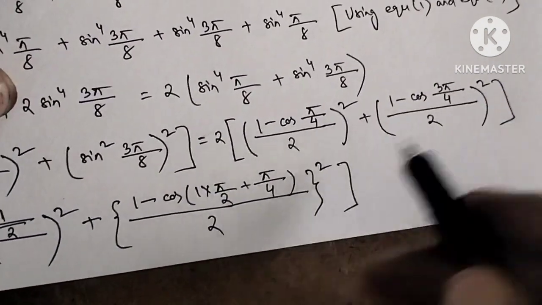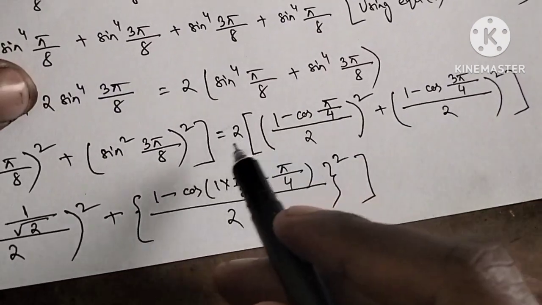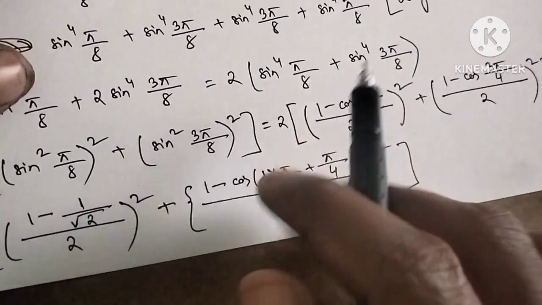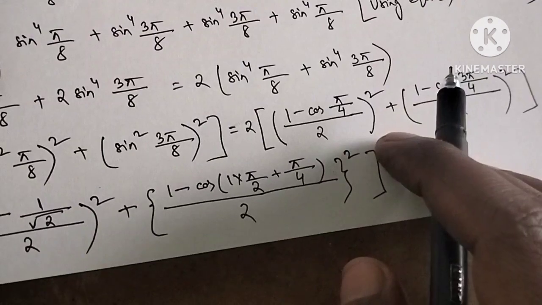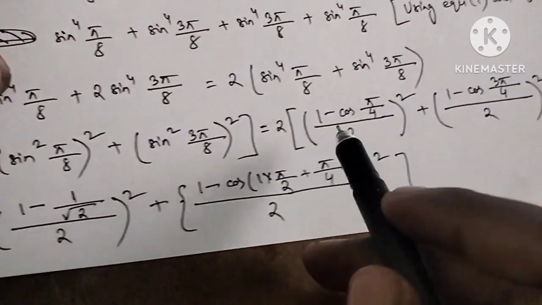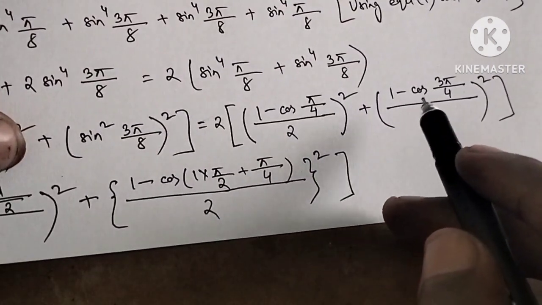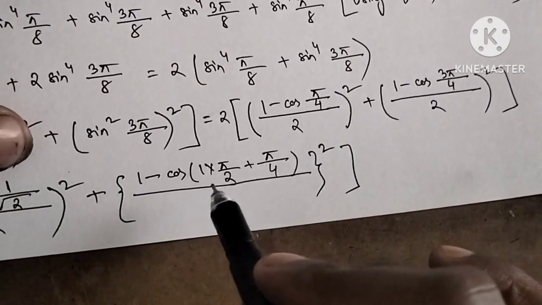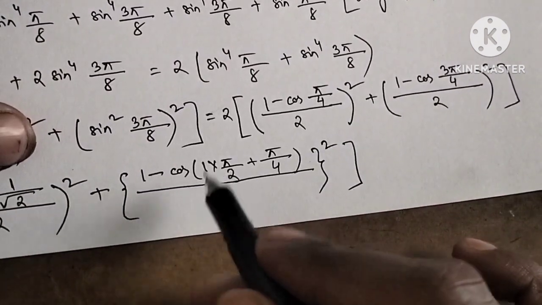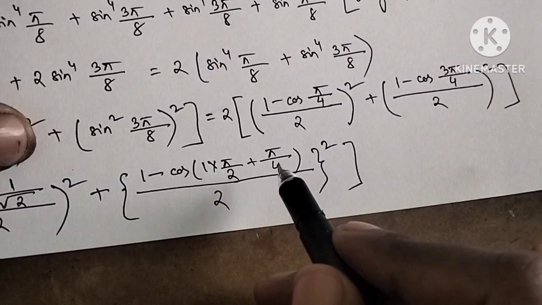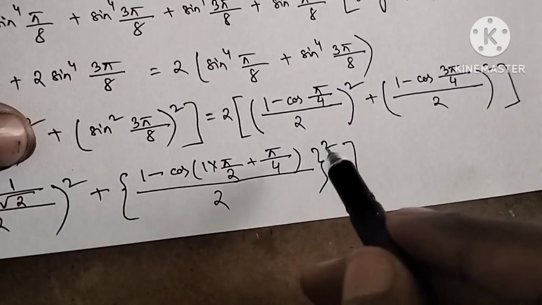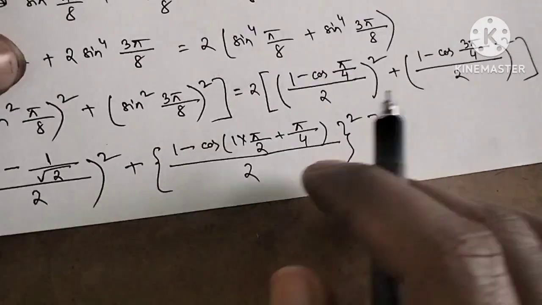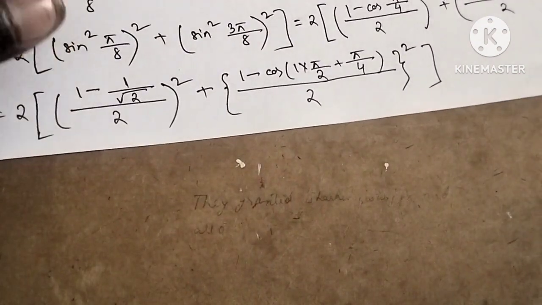Okay, whole square. Clear? 1 minus cos 3 pi by 4 can be written in this way, 1 minus cos 1 into pi by 2 plus pi by 4 whole divided by 2 whole square, right? Look up till here.